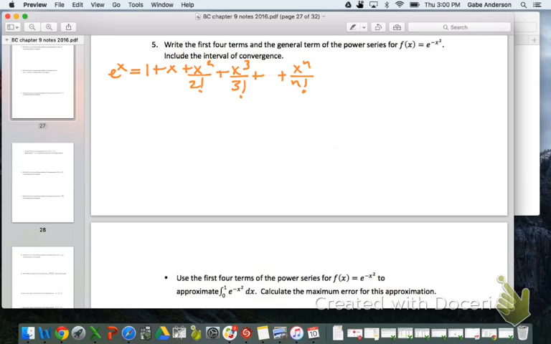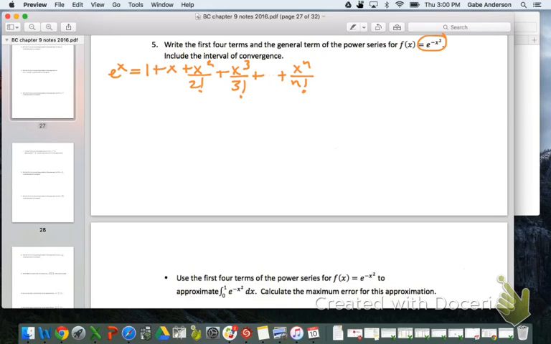We're going to try to write a power series for f of x equals e to the negative x squared. I'm going to do that by plugging in a negative x squared wherever I see an x. So this series that I'm about to write will be my new series.